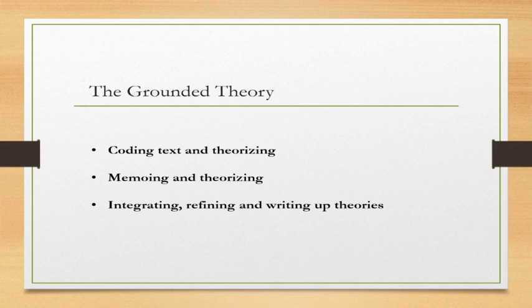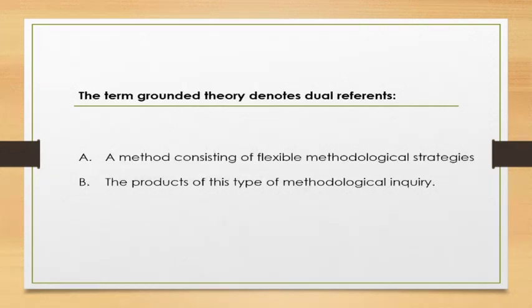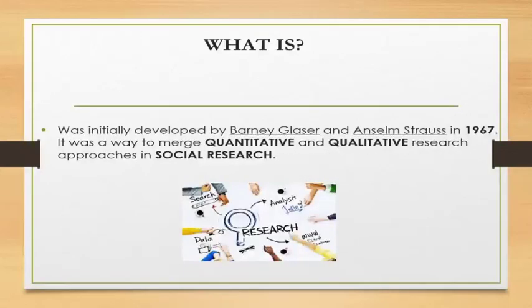This method was initially developed by Barney Glaser and Anselm Strauss in the year 1967, and the original idea implied merging the quantitative and qualitative research approaches in social research. The inductive theoretical thrust of these methods is central to their logic.